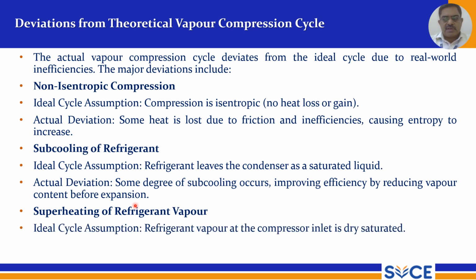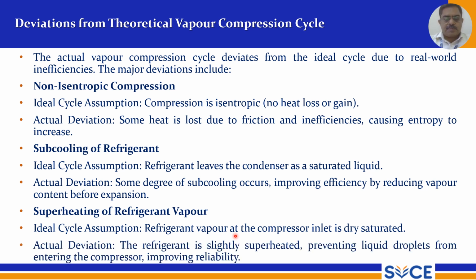And superheating of refrigerant vapor. You can see here, the ideal cycle assumption is refrigerant vapor at the compressor inlet is dry saturated, but in the actual deviation, the refrigerant is slightly superheated.